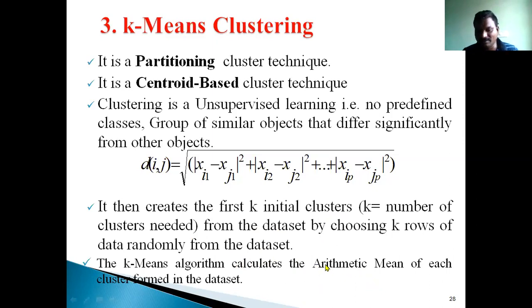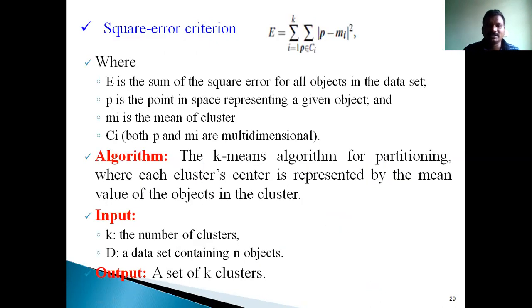Then comes the sum of square error criteria. What is the need of this criterion? It is used for identifying the similarity between different objects. For that purpose you use the sum of square error, which is the sum of square error for all objects in the data set.